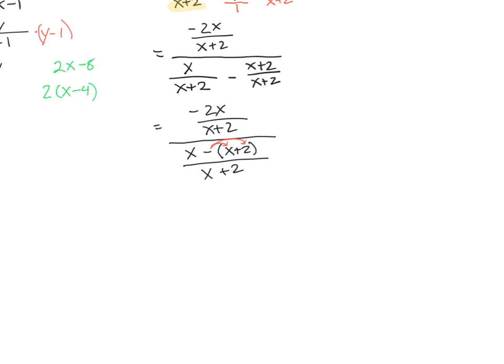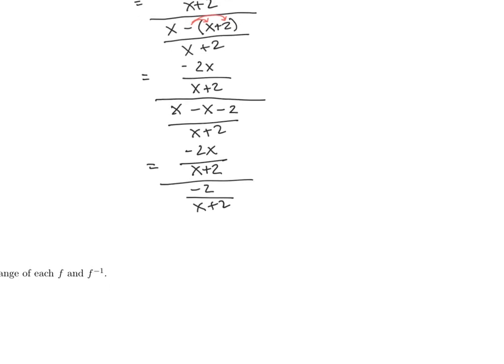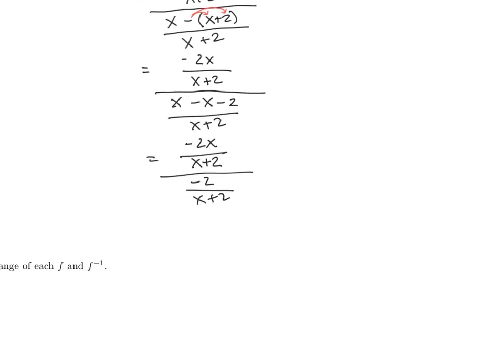So that's going to bring us negative 2x over x plus 2 divided by x minus 2 over x plus 2, or negative 2x over x plus 2 divided by negative 2 over x plus 2. Now, we've dealt with this before. We know there's a few different ways to deal with this.